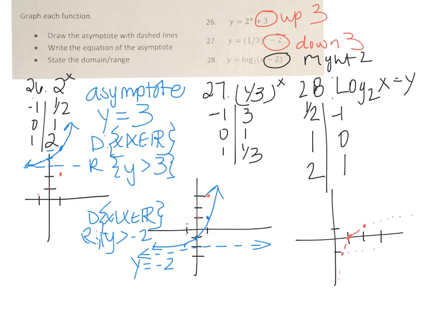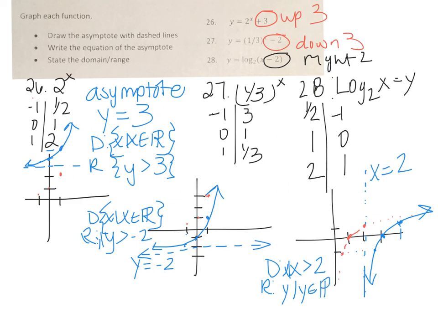Right 2, right 2, and right 2. My asymptote is going to be the vertical line where x equals 2, and connect my points. My domain is x is greater than 2. It's not equal to because it doesn't touch it. And my range is y is contained in the set of all real numbers.